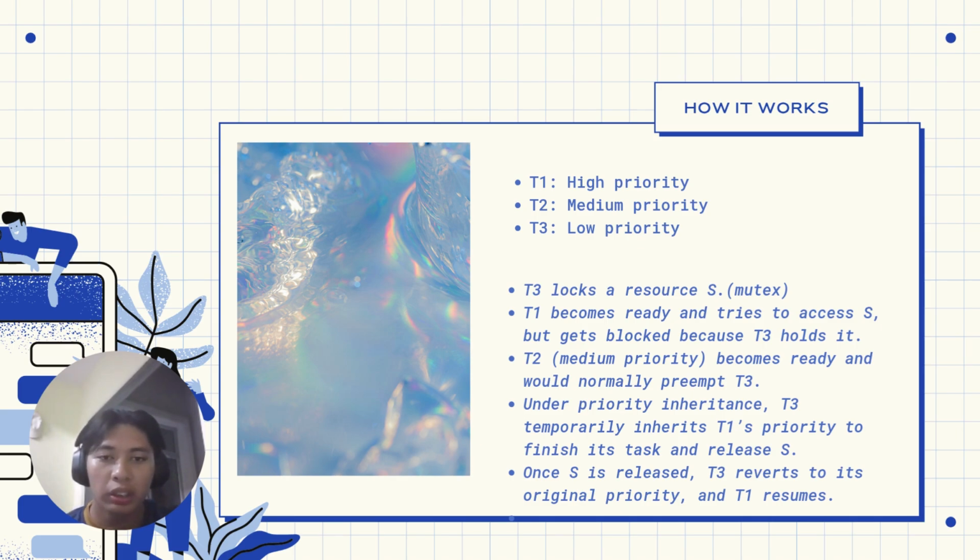Then task two, medium priority, becomes ready and would normally preempt task three. Under priority inheritance, task three temporarily inherits task one's priority to finish its work and release S, which is the mutex. Once S is released, task three reverts to its original priority and task one resumes.